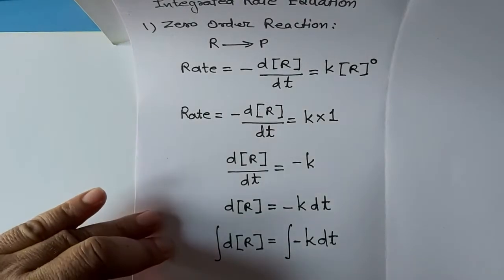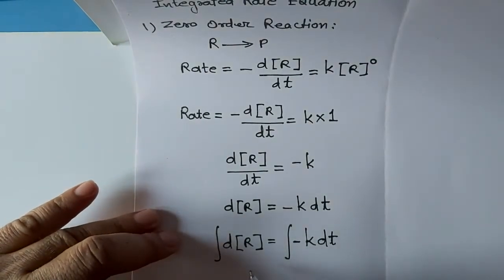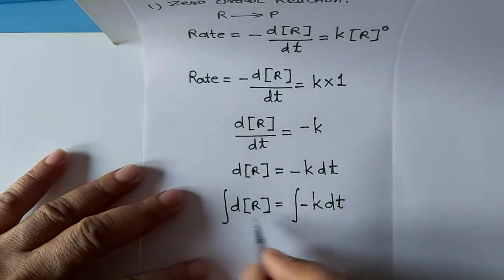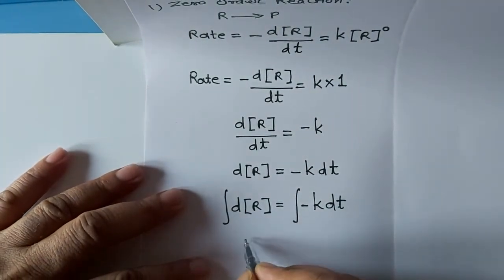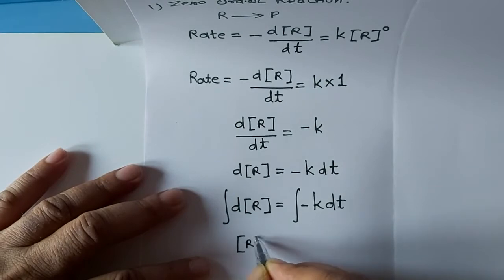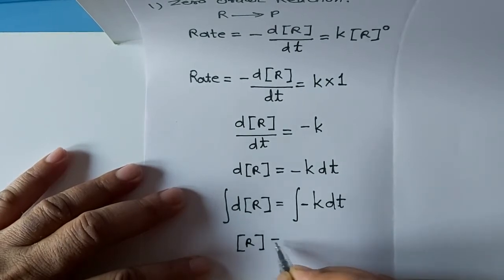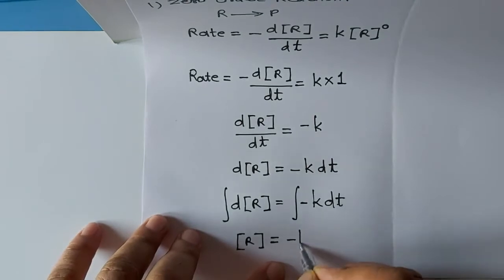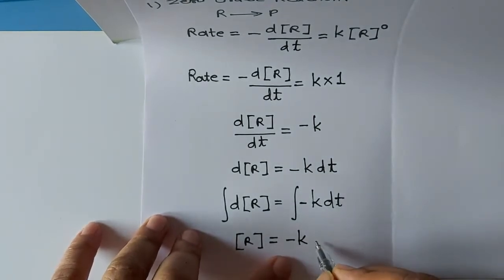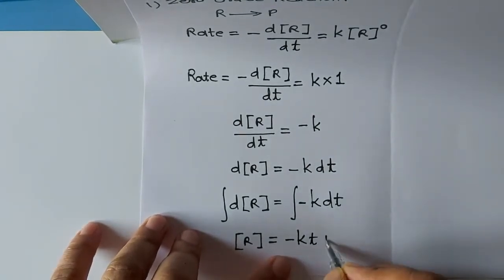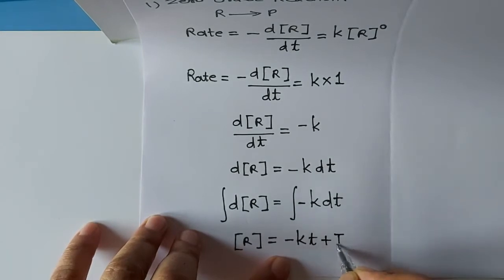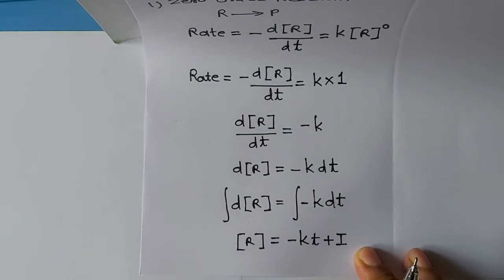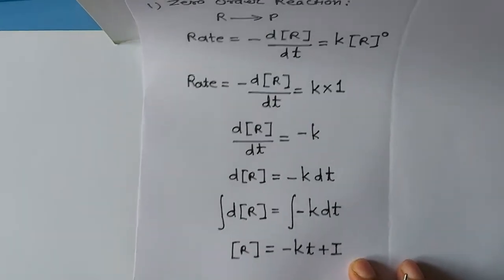So this is going to become concentration of R is equal to minus k t plus a constant, also known as the integration constant.